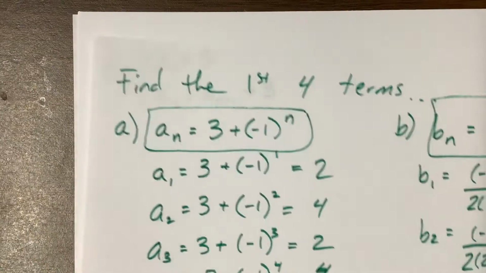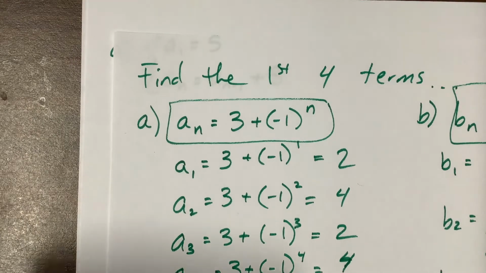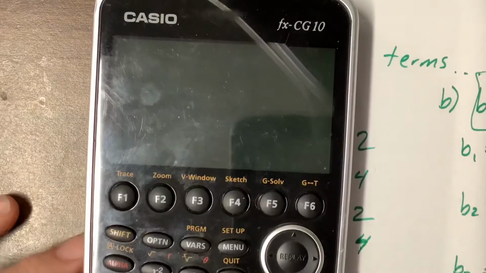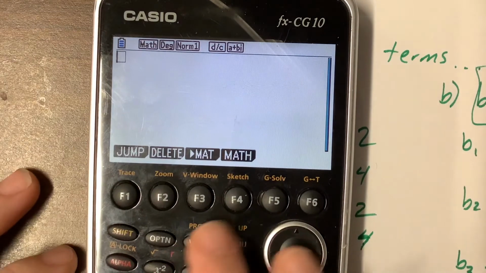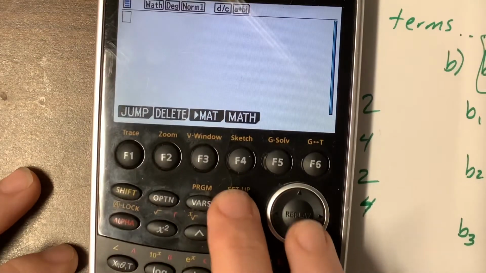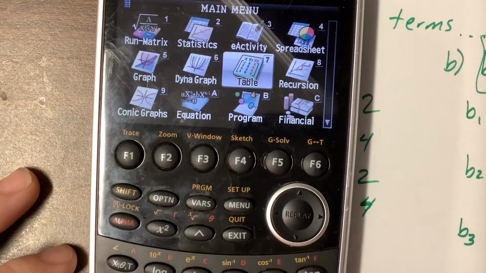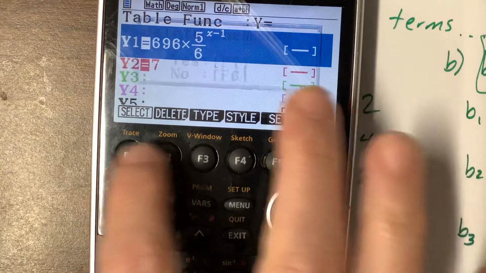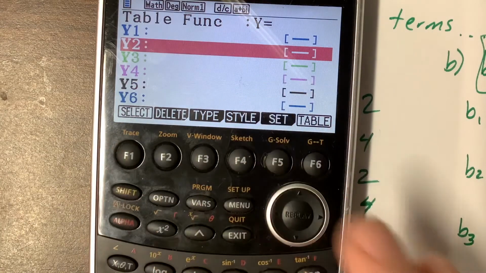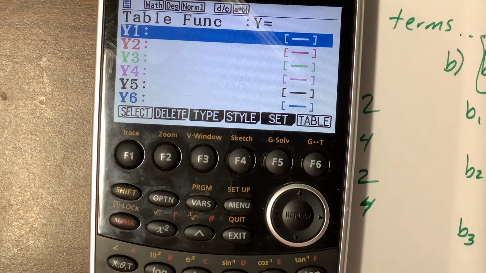So back over here, one nice thing about our calculator is that I can go to my table feature. So I can go menu, go over to table, and let's say I wanted to do that third one that we had, where it was a fraction.